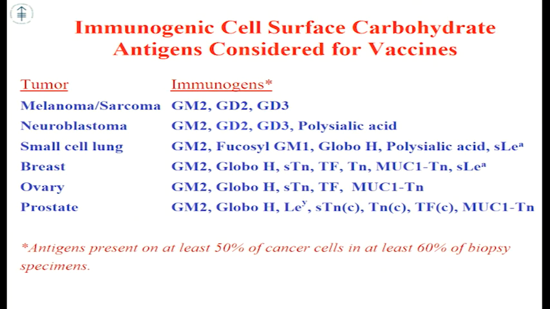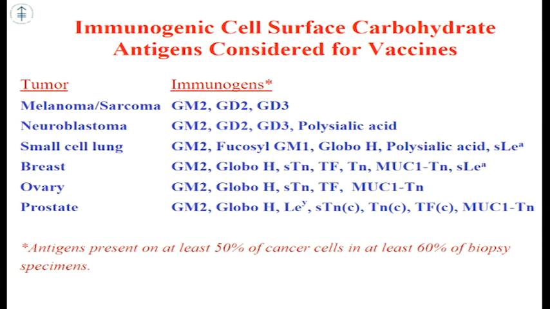Years ago, we identified many antigens expressed on cancer. Some of them I already mentioned, the glycolipids and glycoproteins, and the glycolipid antigens have an advantage over glycoproteins, which is an entirely different topic in immunology, why these antigens are important.